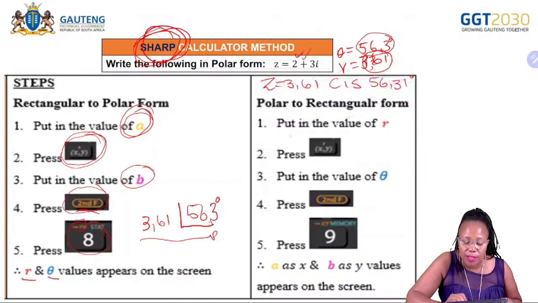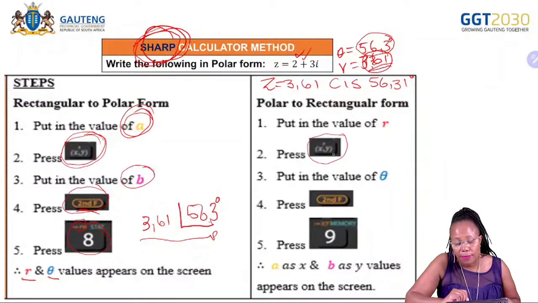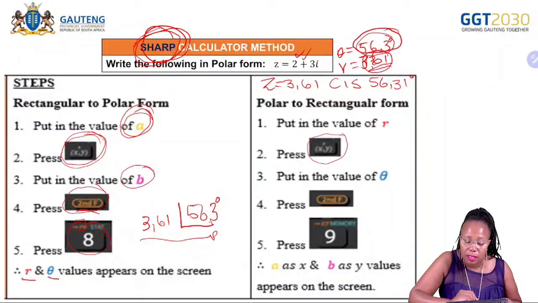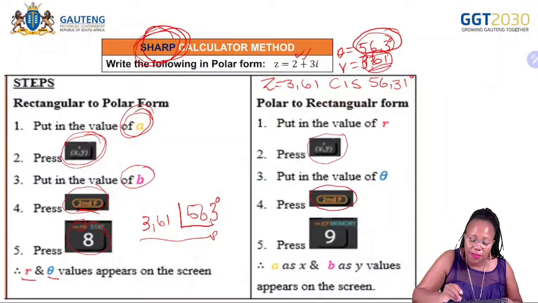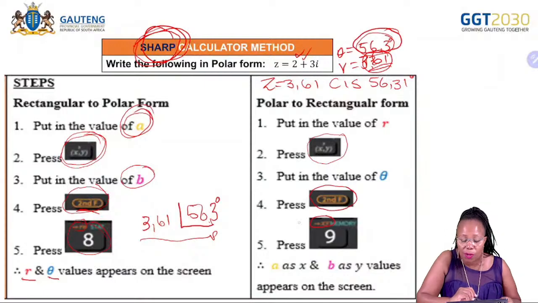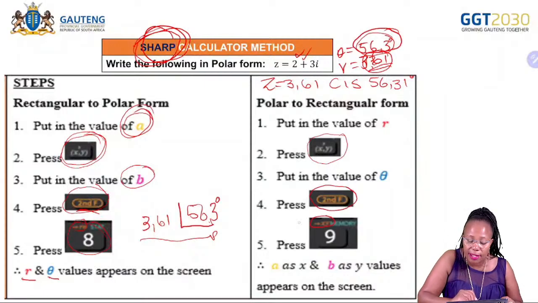So what you do is you put in the R value, which is 3,61, into your calculator, and then you press this button where it is saying X, then column Y, and then you put in the theta value 56,3, and then you go to second function button, and then you press 9 because we are looking for the arrow that says we are going XY now, of which X is the A value and the Y is the B value.